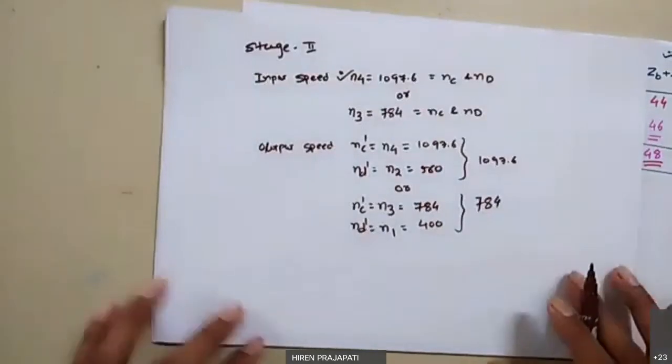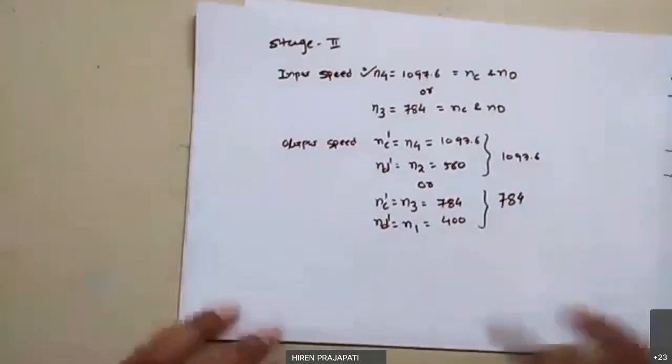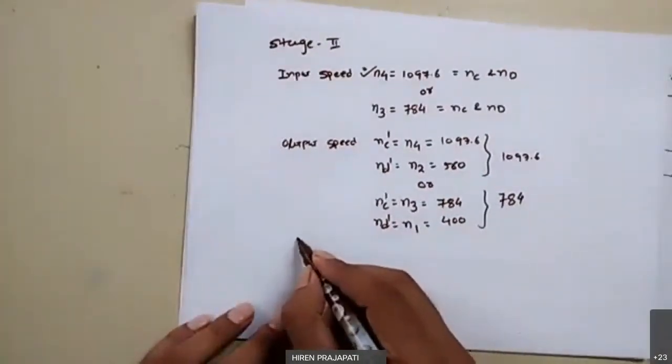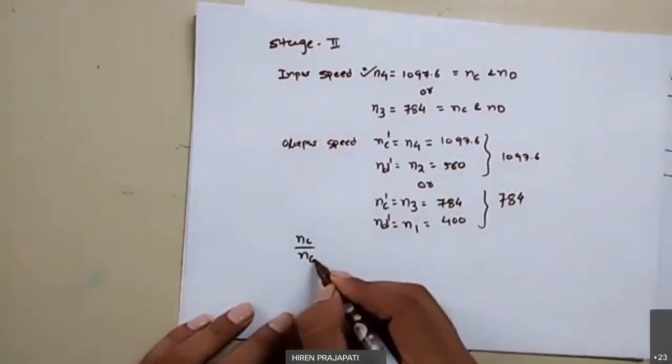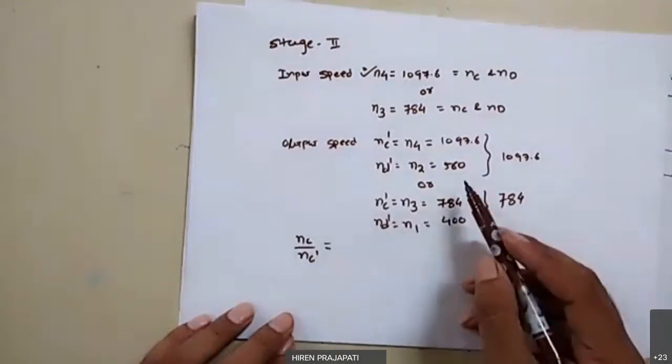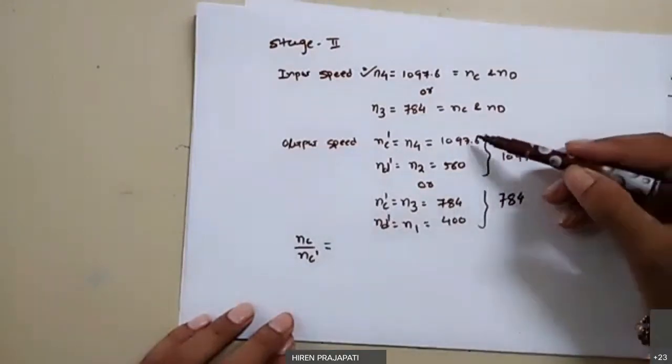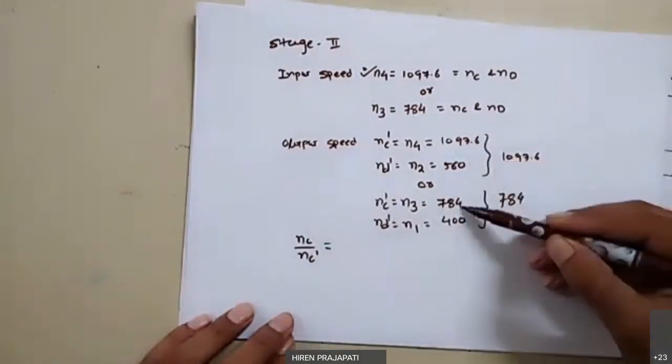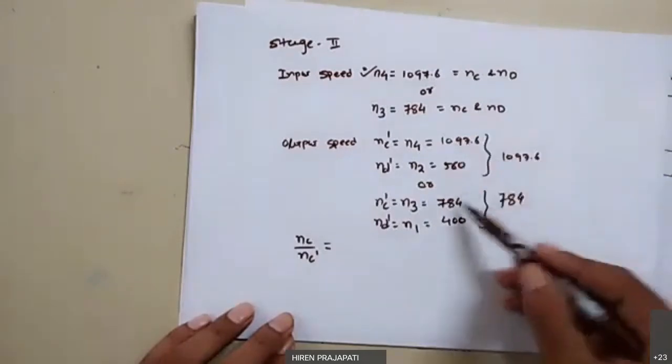Now let's check the gear ratio. The gear ratio equation is NC by NC dash. If you take this or this, whatever, you get the same value.